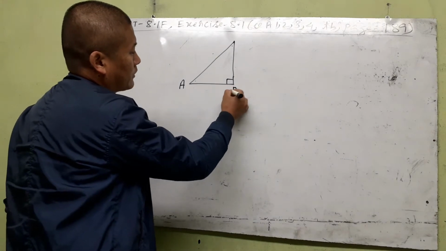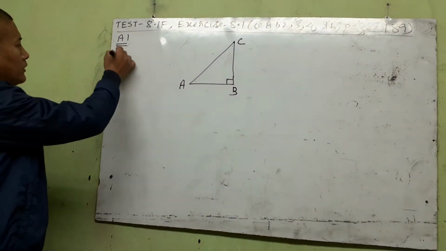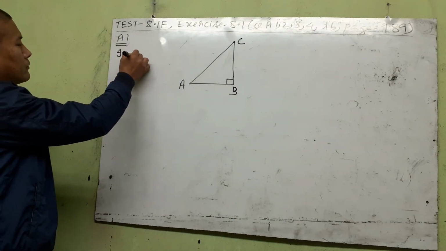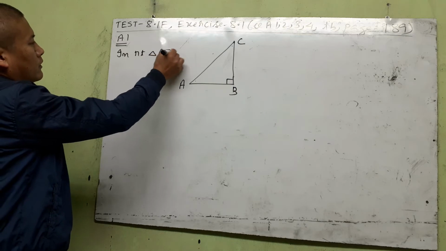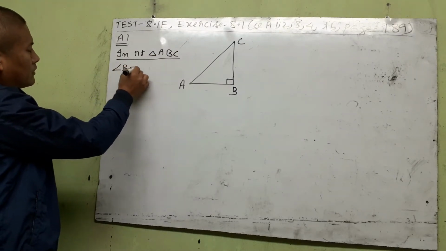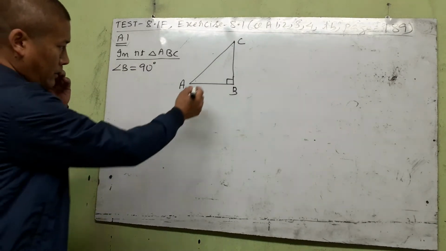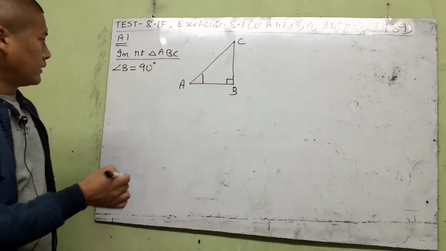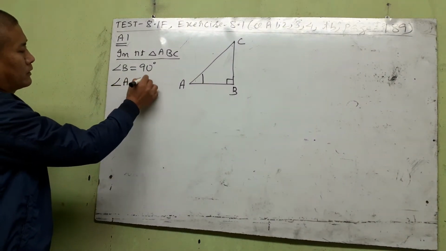The rest of the letters can be whatever we like. So let us say in right triangle ABC, the 90-degree point is B, angle B is 90 degrees. Then here we take this angle as A.